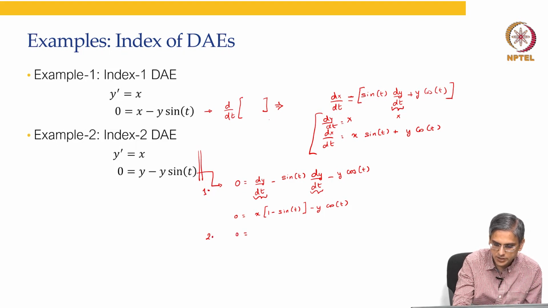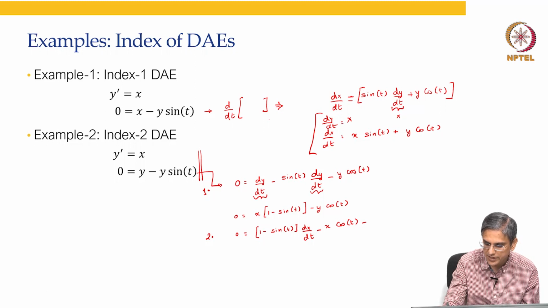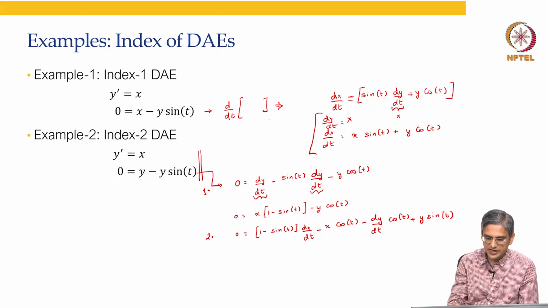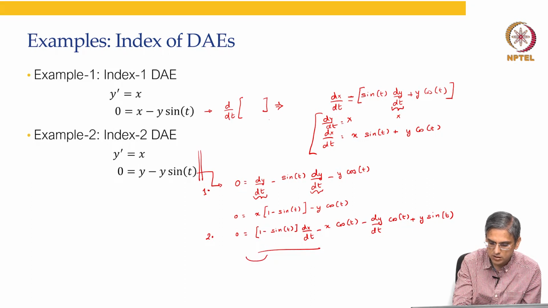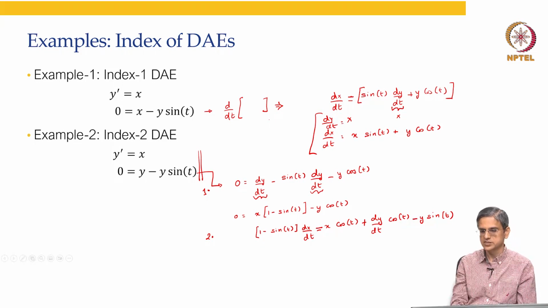We will get 0 equal to 1 minus sin t dx by dt minus x cos t minus dy by dt cos t plus y sin t. Okay. So, if we take this term onto this side, we are going to get this plus this minus this.